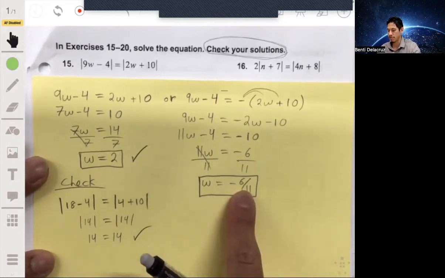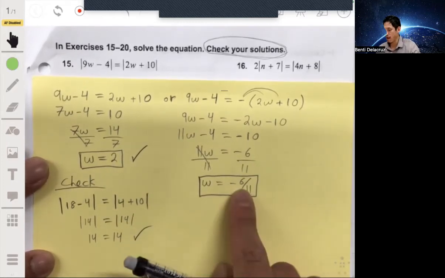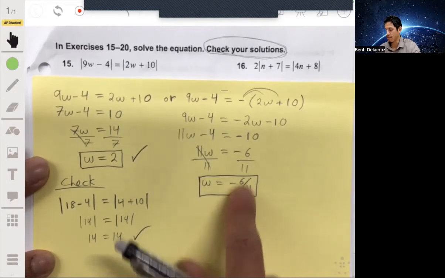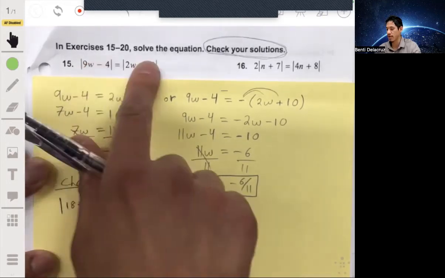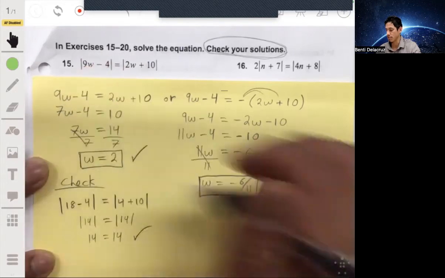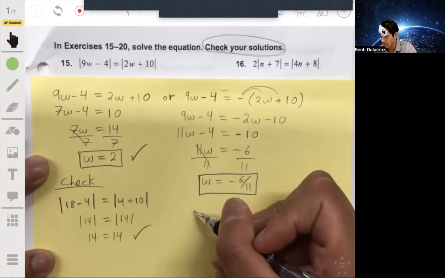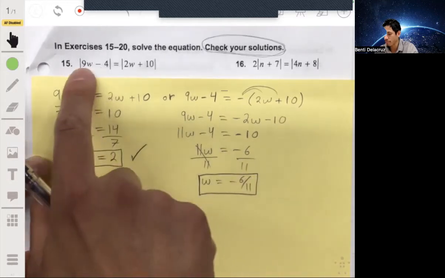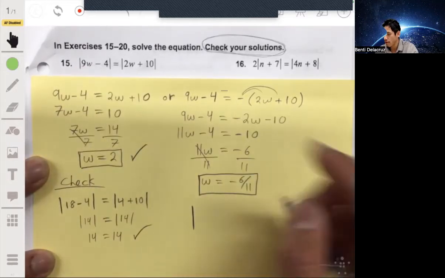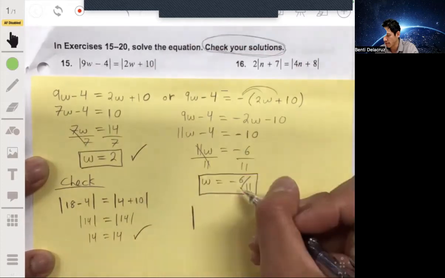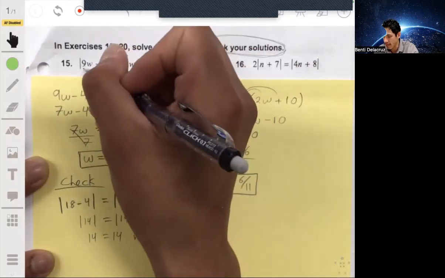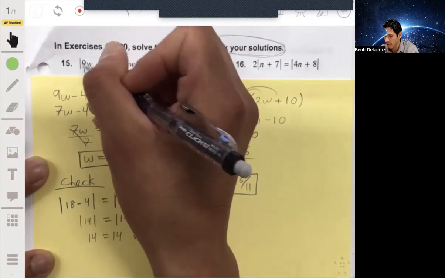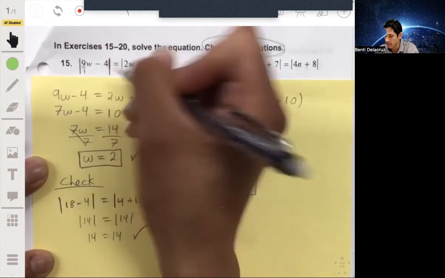Now let's check to make sure this works. So here we're going to have -6/11 plugged again into these original w's. So fractions, I know, can sometimes scare you. So let's remember how we do this. We're going to have a 9 times a -6/11. Remember that 9 is like a 9/1. Let me write it like this.